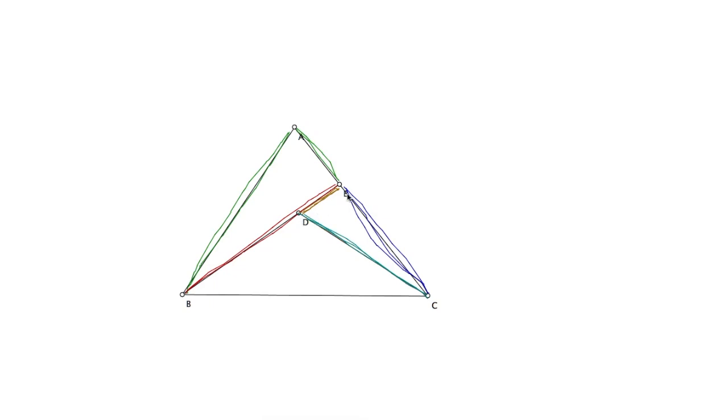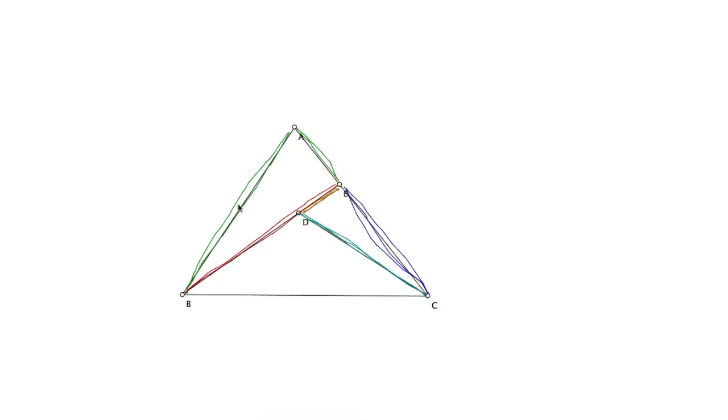So DE plus EC is going to be larger than CD for the same reason, because of proposition 20. So if we add length DB to both, this light blue bit plus DB is going to be less than the whole length EB plus the blue bit, again because of proposition 20.